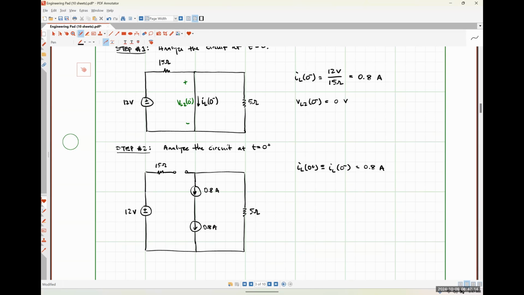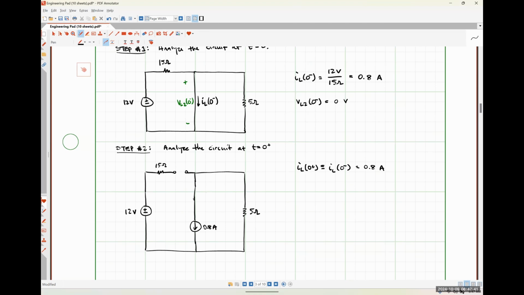As it turns out, we kind of glossed over this a little bit when we were talking about source combinations. Whenever I have two current sources connected in series that carry the same value, I can replace them with a single equivalent current source that is just one of those guys. They're both forcing the exact same amount of current to flow through the same branch, so they are redundant.